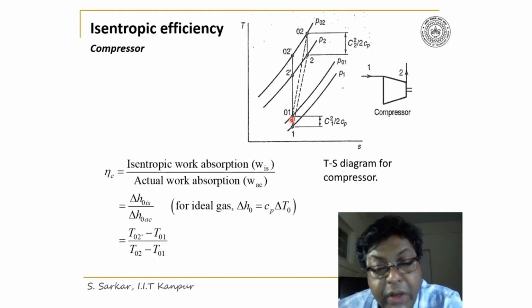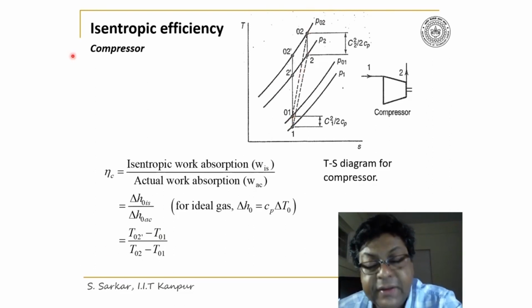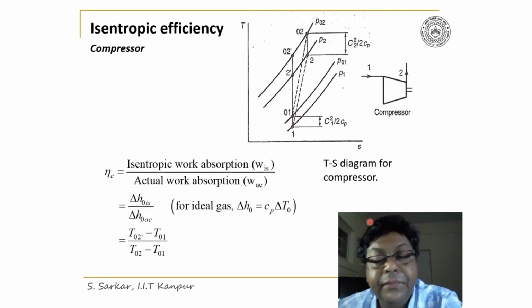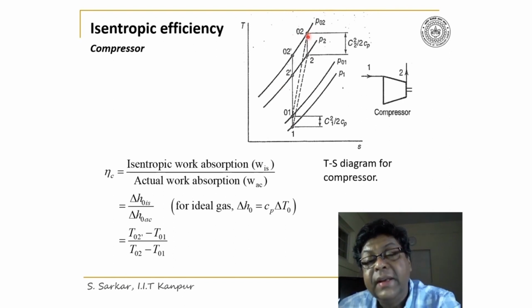So the 0, 1 state point has been marked, and thus P0, 1. Now from 0, 1, I have considered the actual compression process, which has been indicated by a dotted line, and 0, 2 is the exit point at 2.